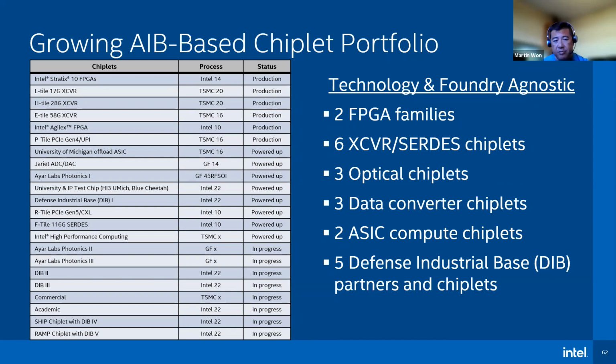Then these chiplets are built on several different process nodes and different foundries, listed under the process column, and sourced from many different developers. So over 20 chiplets so far, and more than half of them are in production or powered up, and more to come.